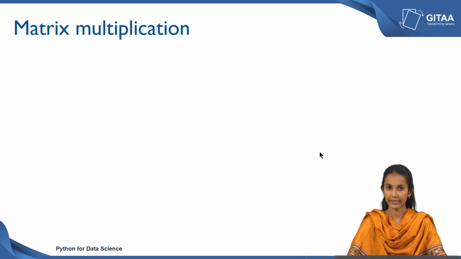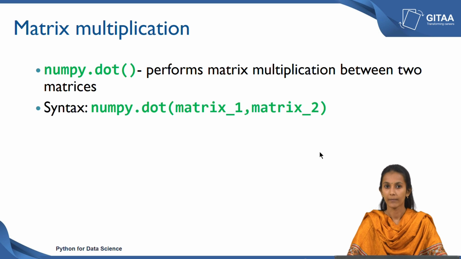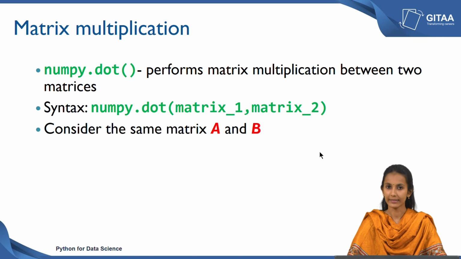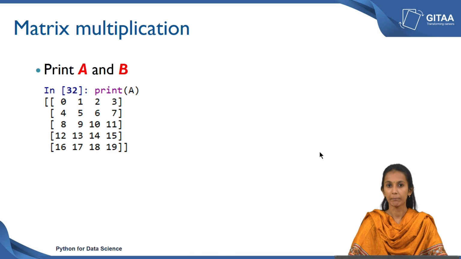Next we will do matrix multiplication. numpy.dot performs the matrix multiplication between the two matrices. The syntax is numpy.dot. Inside the parenthesis again you have to specify the matrix 1 name followed by the matrix 2 name. We will consider the same matrices A and B. We will print A and B again.